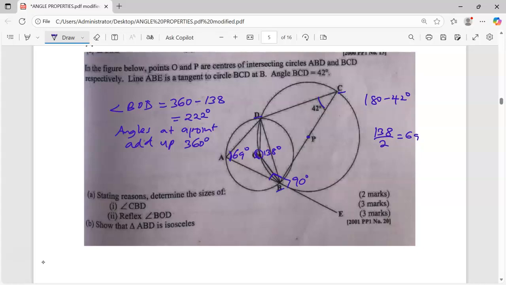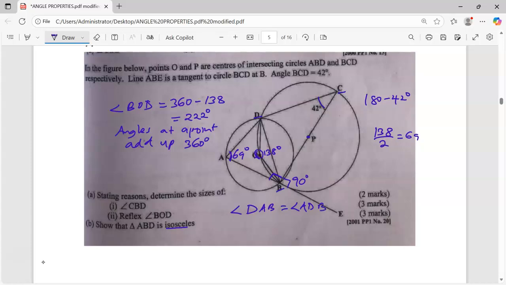And if that is the case, we have also been told that triangle ABD is isosceles, meaning if we assume that AD is equal to BD, we can assume that angle DAB is equal to angle ADB.